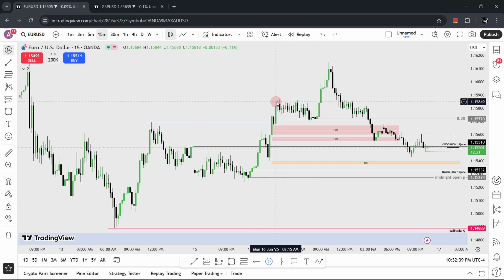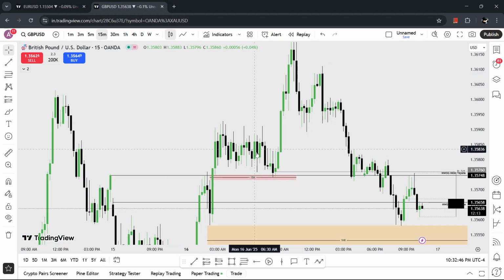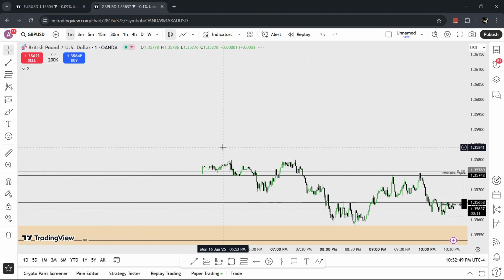Same here. All this accumulation manipulation to this order block here. I think it's easy to find on GU. Okay.